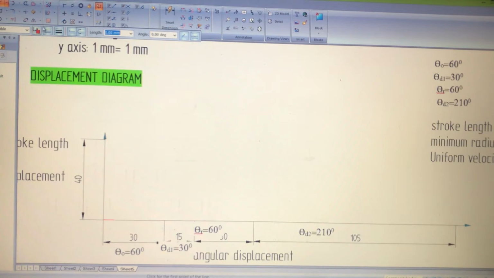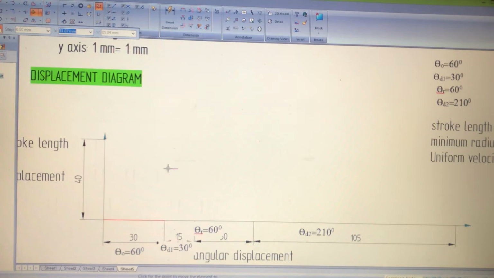You can use your scale and pencil. I'm using Solid Edge software. Now I divided this angle of rise into 6 equal parts. Similarly, I am going to divide the angle of return into 6 equal parts.